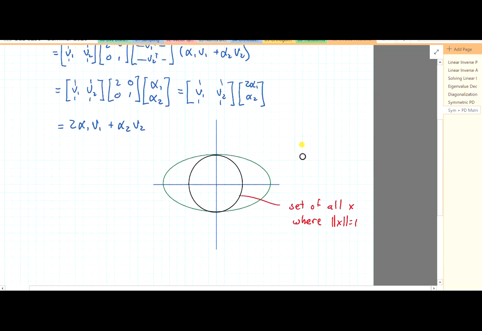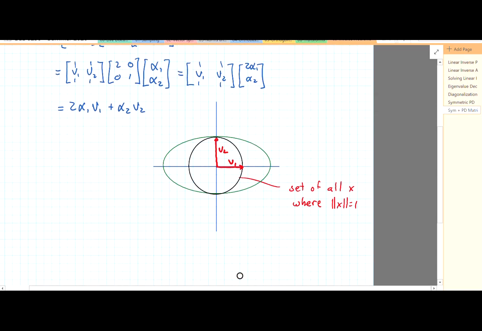There we go. We're going to redefine our eigenvectors to say that's v1 and that's v2. So what happens is, as we choose a value of x, if we chose it directly aligned with eigenvector 1, it's going to stretch all the way out to that point. Whereas eigenvector 2, when multiplied by A, does nothing. It isn't stretched at all.